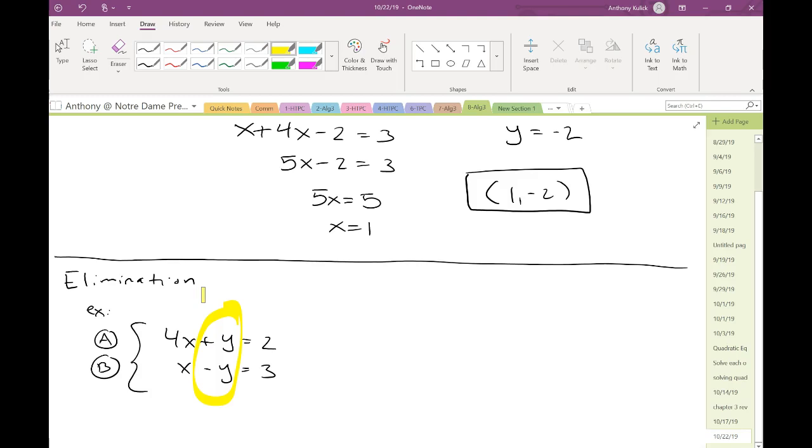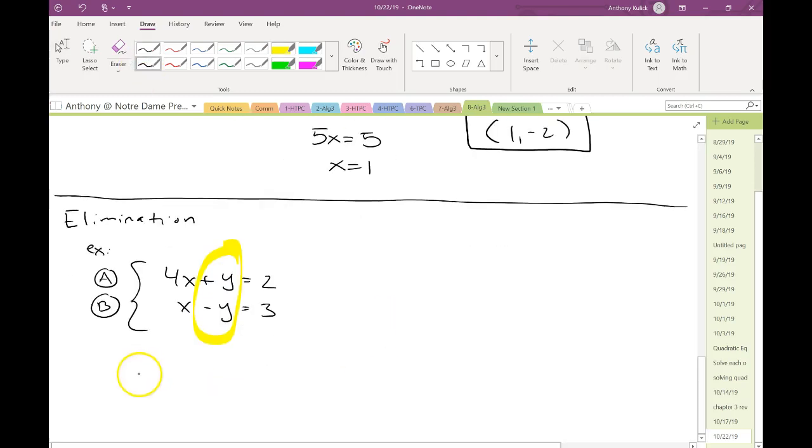If I added these 2 equations right now, as is, the y's would already cancel out. So the multiple of equation A that I need is just 1 times equation A. And the multiple of equation B that I need is just 1 times equation B.